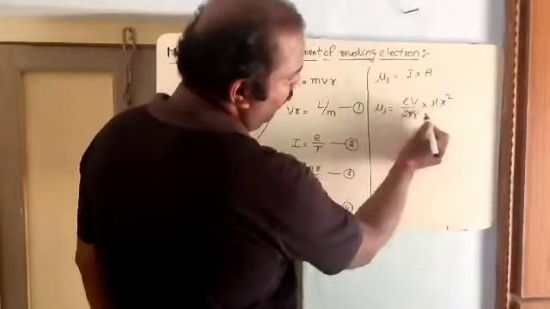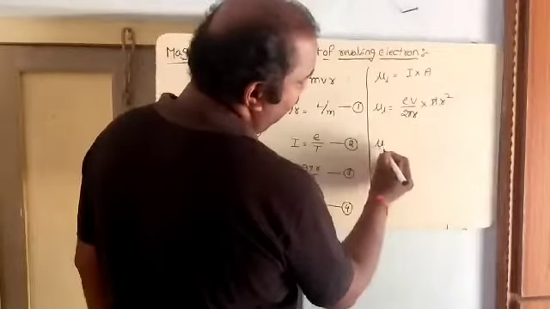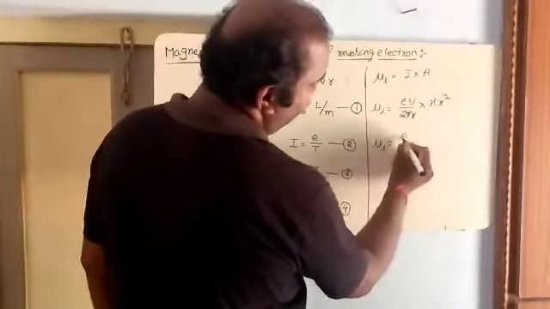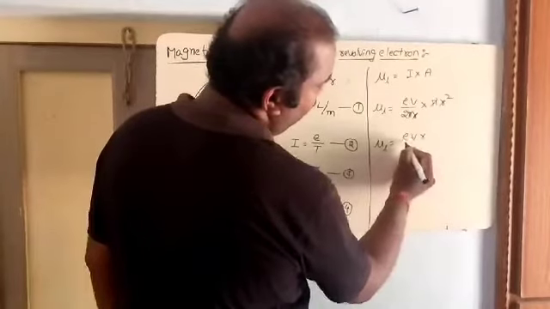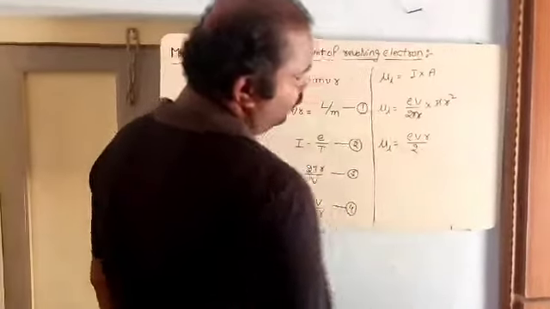Pi cancels, R cancels, and finally mu L is equal to EVR by 2.